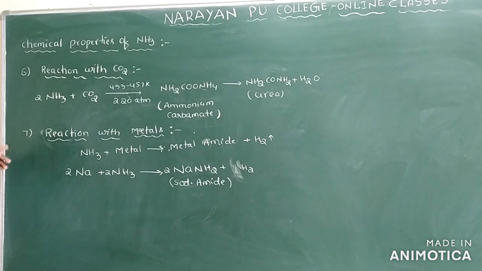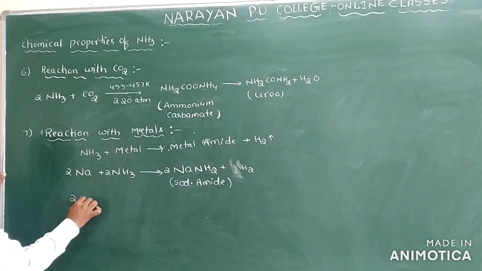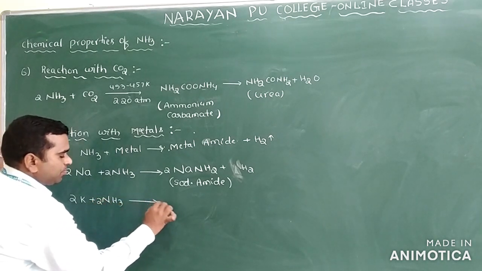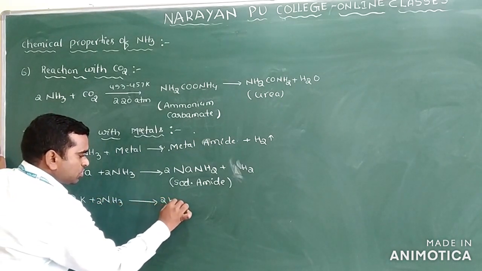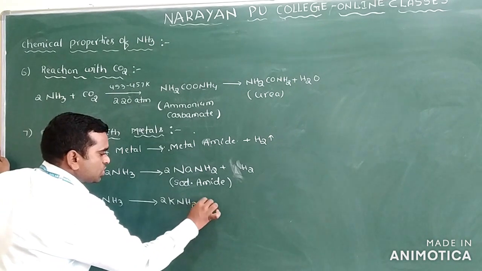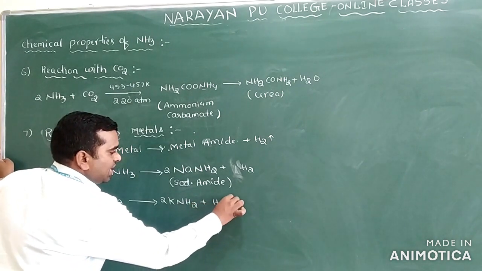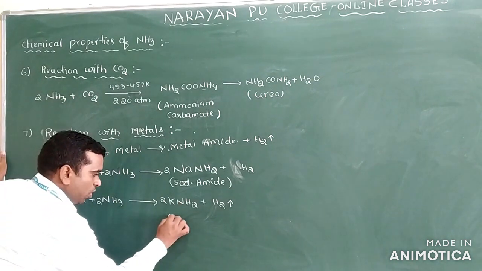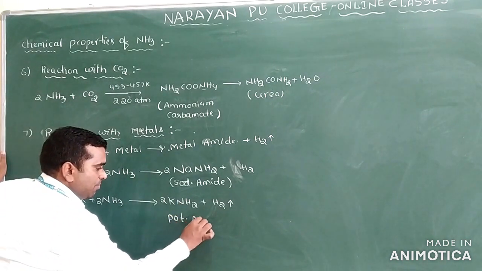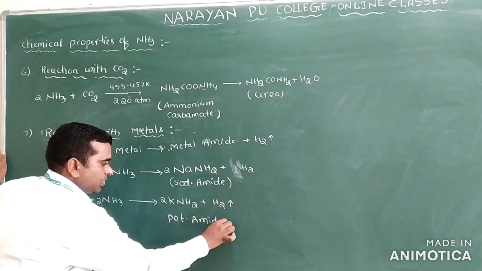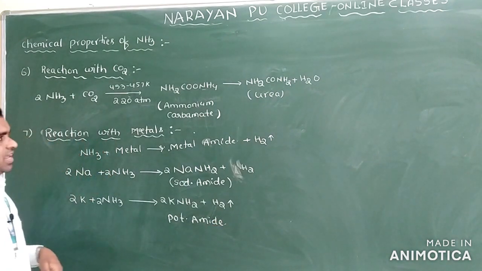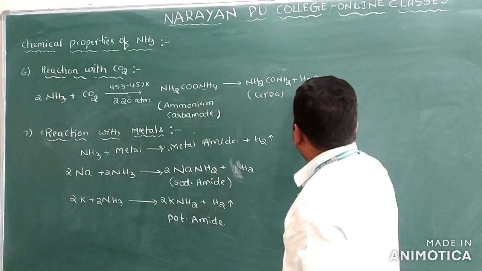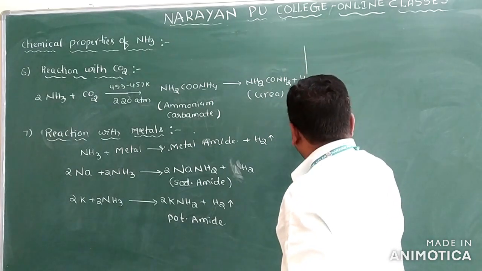In the same way, if I take potassium, you get potassium amide, that is 2 moles of KNH2. These are very, very strong bases, and hydrogen gas is also released. So this is the reaction of ammonia with sodium metal.